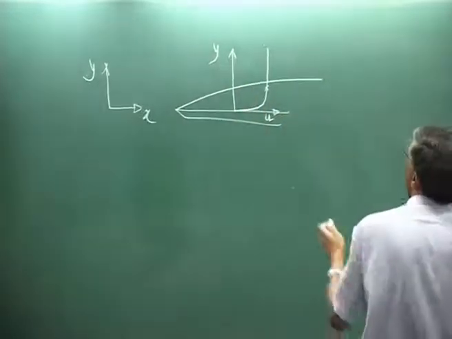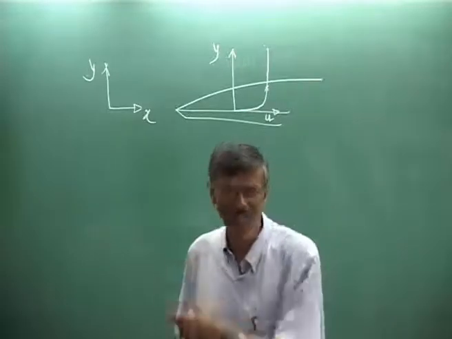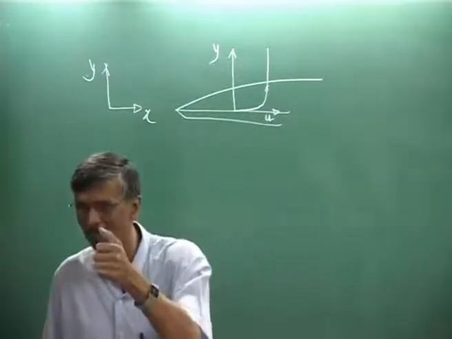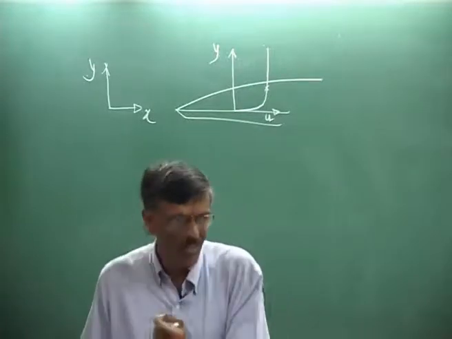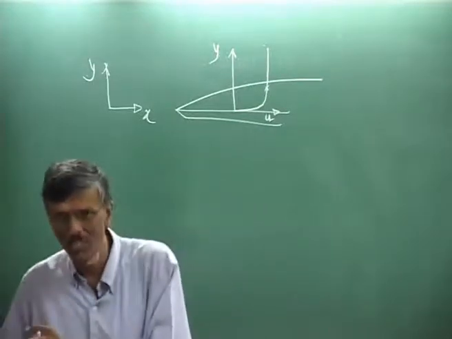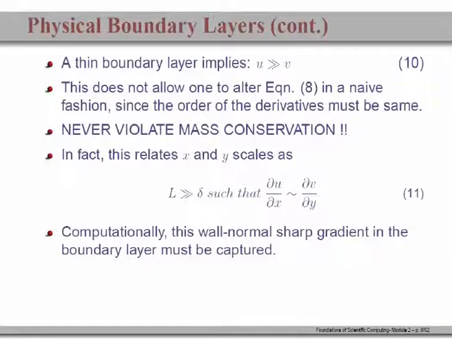What you notice is that it is thin. Why? Because the x component of velocity is much larger than the y component, right? Any particle, when it moves in, it convects faster in the x dimension than in y. That is what makes this layer thin. So, one of the consequences of that observation is, of course, u is much larger than v.